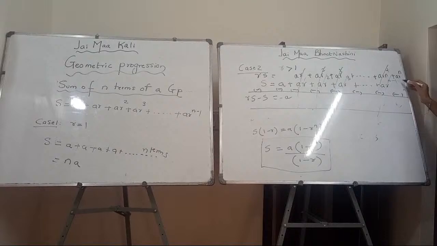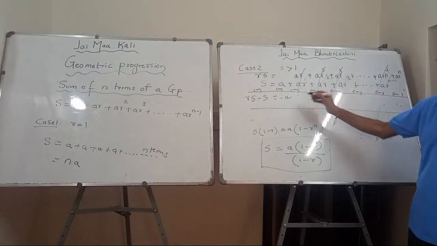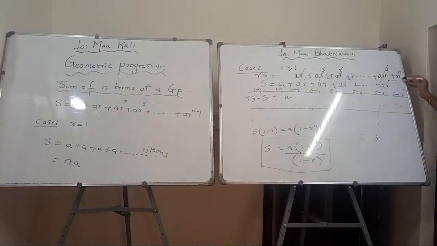Everything is gone. What about this? AR raised to n minus nothing, minus 0 you can say. So plus AR n minus whatever is here. There is nothing here. Look here. This minus this, there is nothing. You consider 0. Yes or no?